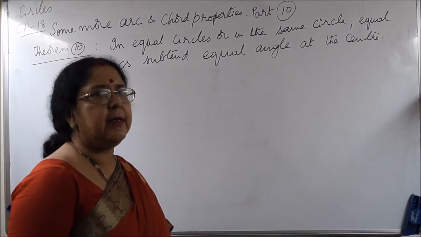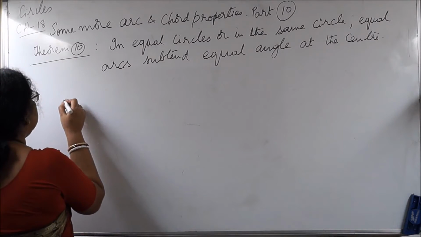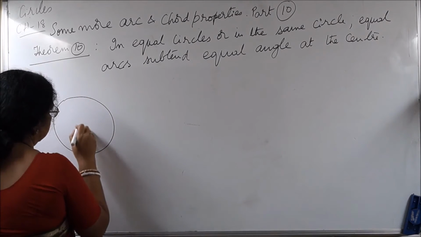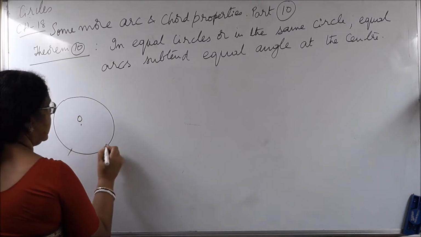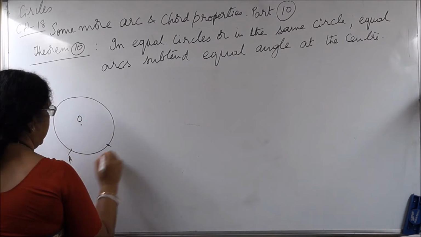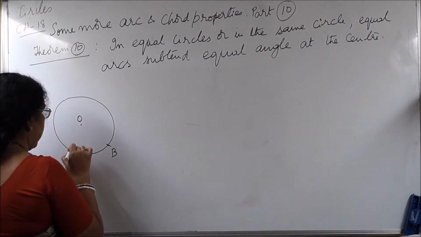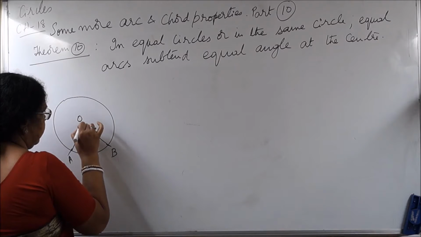Same circle, the radius is common. Okay. So now let us consider two equal circles. Suppose this is one circle with center say O, there is an arc say AB. So now AB subtends angle AOB at the center.